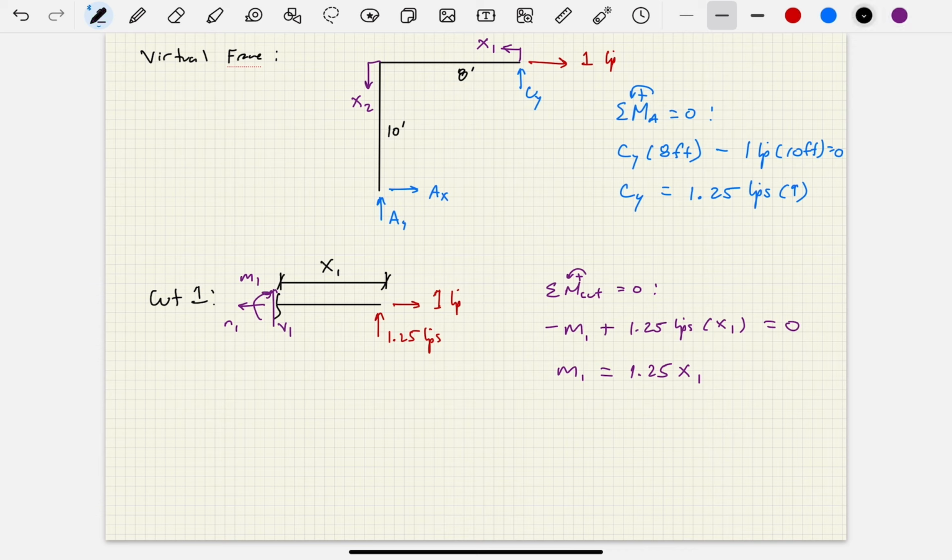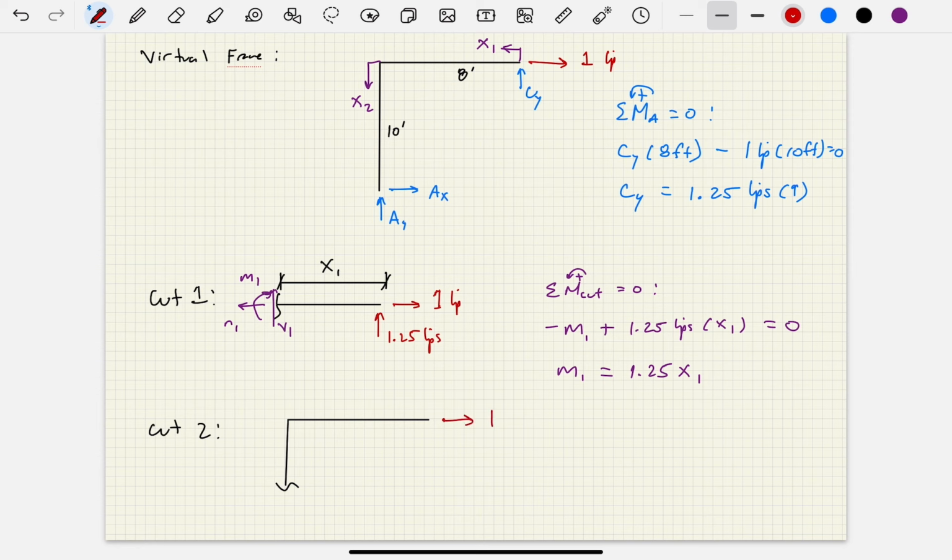Now I need to make a second cut because I encounter that abrupt change, which is that corner over here at B. So I'm going to go ahead and look at an upper free body diagram. So I've got this situation here. Here's this cut 2 here, okay, the second cut. Now, what applied loads are here?